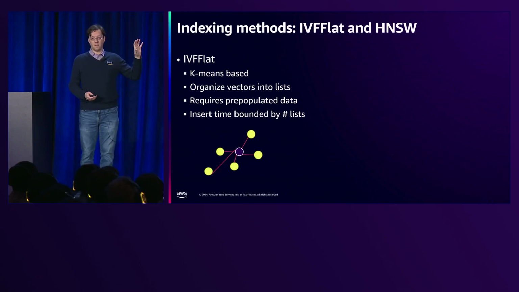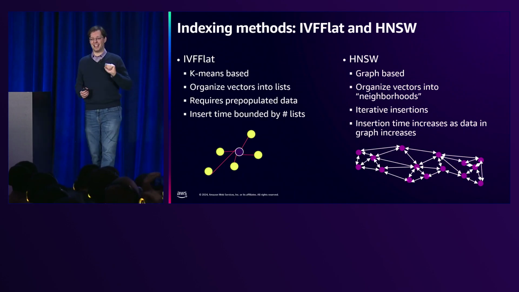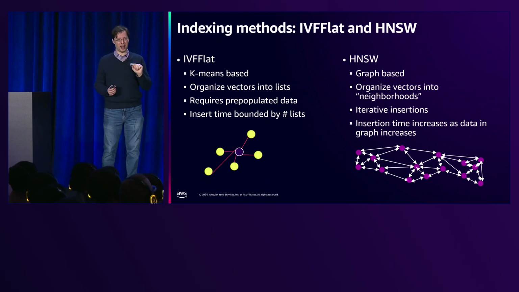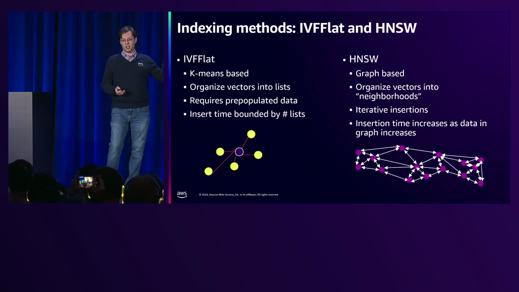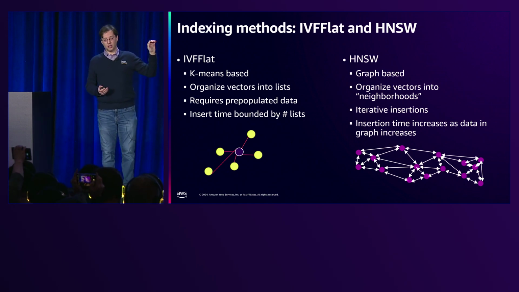There's IVF flat, which is cluster-based, and HNSW, which is graph-based. Each of them has its trade-offs. IVF flat tends to be a little bit smaller. It's faster to build, but it might be harder to hit your recall target. And in order to hit your recall target, you might have much slower queries, whereas HNSW tends to just be overall easier to manage.